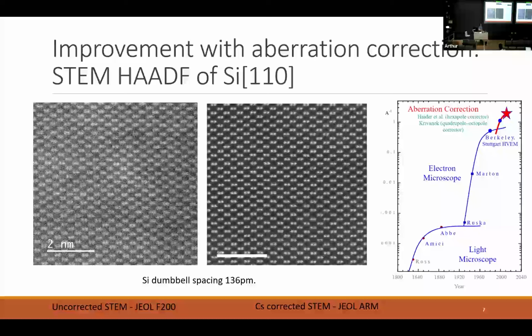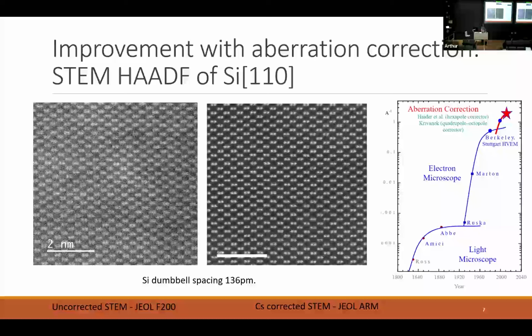The reason for that is these microscopes, as you saw from the pictures, are a little bit taller than the other standard microscopes, and that's because they have a whole new lens system whose job is to correct for any aberrations in the system. We run a program on the computer which calculates the aberrations in the lenses, and then it says, okay, I'm going to reverse that, and uses that to correct for the aberrations.